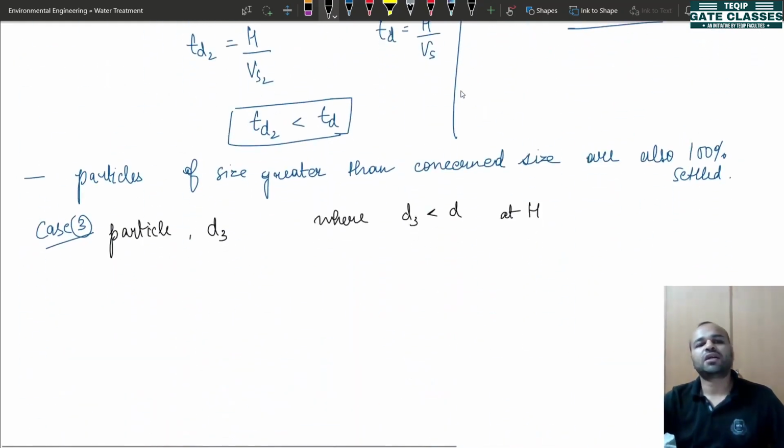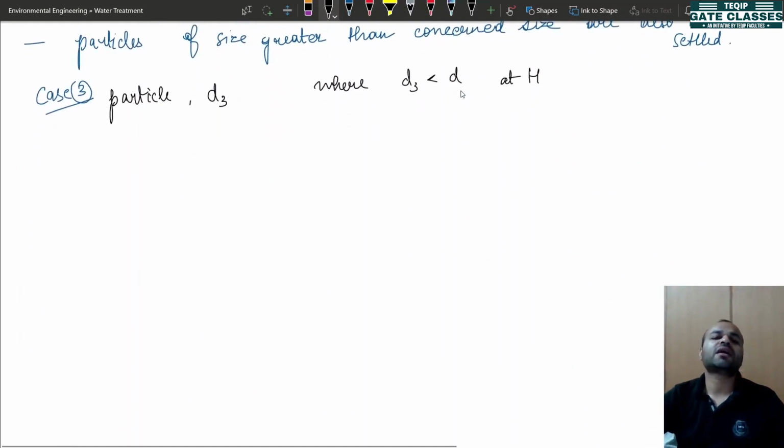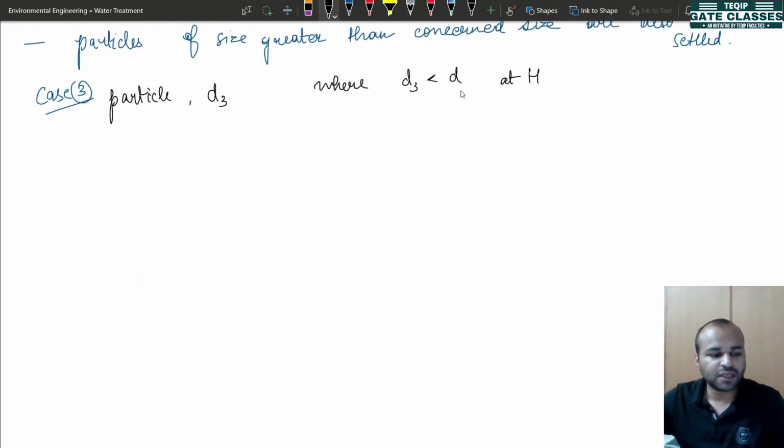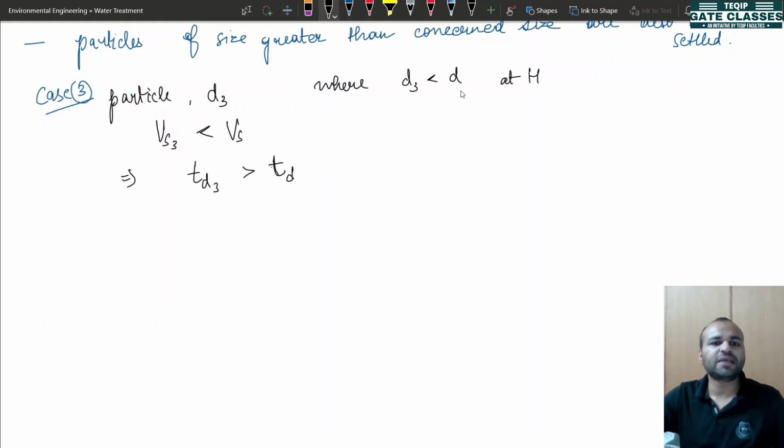Now the situation is just opposite to case 2, so we can analyze it quickly. Here the settling velocity will be less than the settling velocity for the concerned size particle. Based upon it, we can conclude that the detention time required for the d3 particle will be higher, and also the length required will be higher.